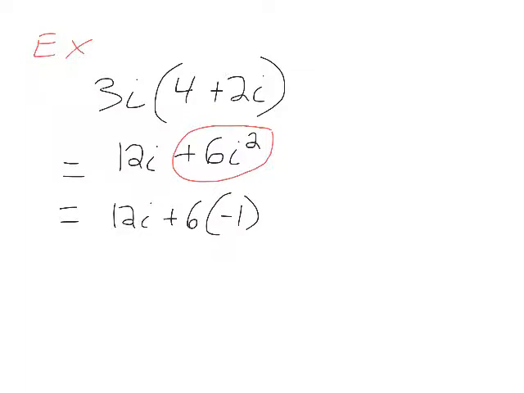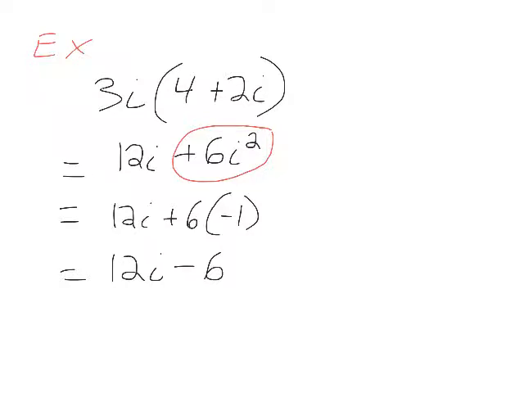That would make that a -6. So what happens with the i squared is it effectively changes the sign on whatever term it's in. So we now have 12i minus 6. We've used the distributive property, and we have plugged in -1 in place of i squared.